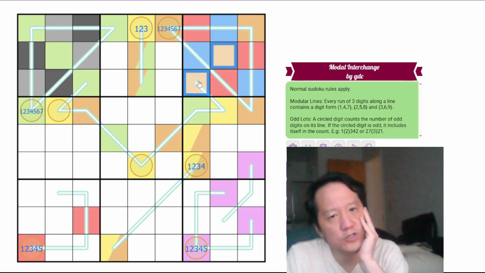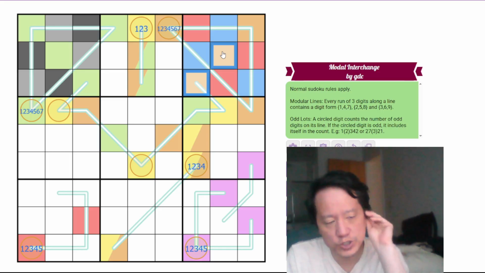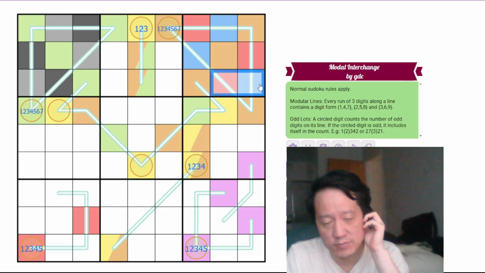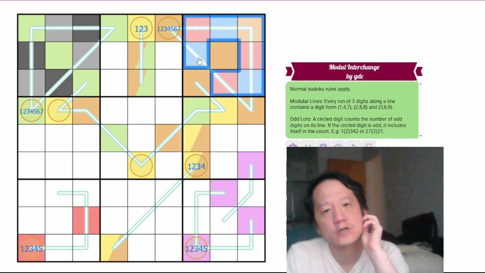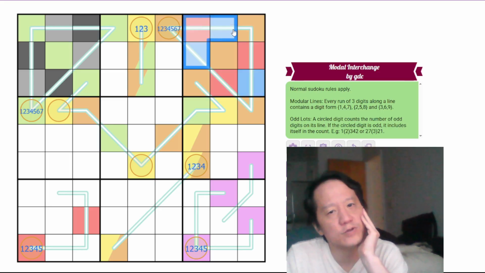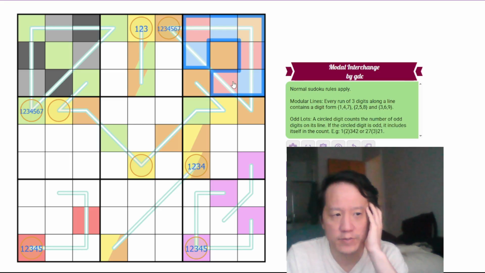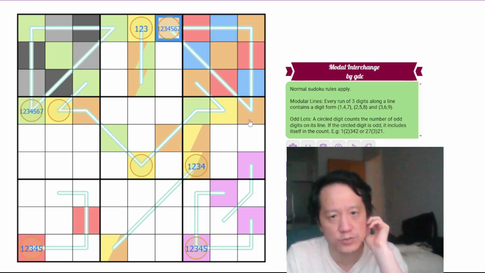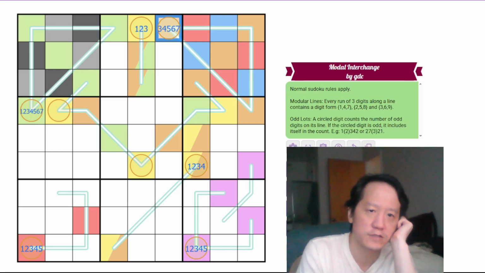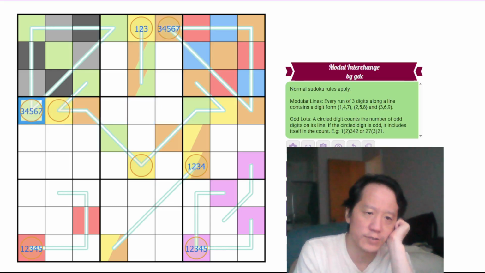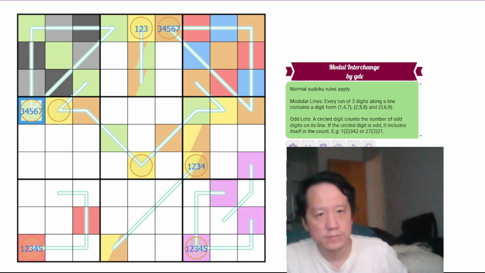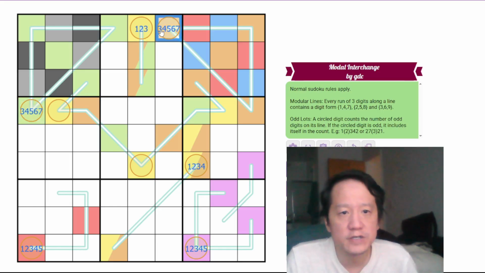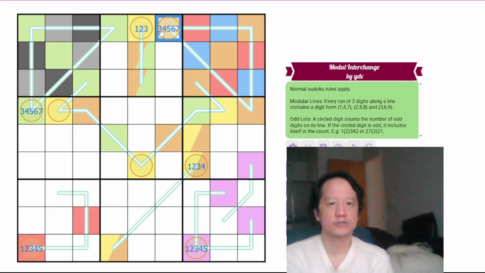Because we have 2 digits here, which are from the same set, but that doesn't really help us much. But this is 1, 2, 3, 4, 5, 6, 7, minus 4 even digits, so it's 3 odd digits. So this is 3 at least. This is 3 at least. These must be different values. That's actually interesting.